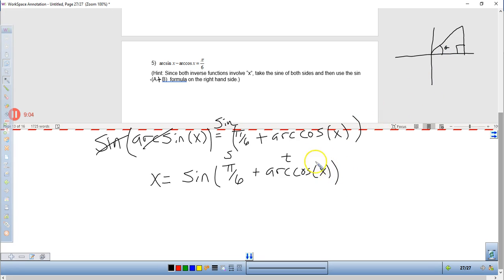So for arc cosine to be x, x would have to be the adjacent, 1 would have to be the hypotenuse. Using Pythagorean theorem, as we've seen before, I'm going to have the root of 1 minus x squared.